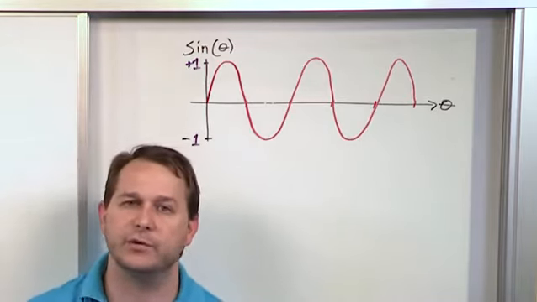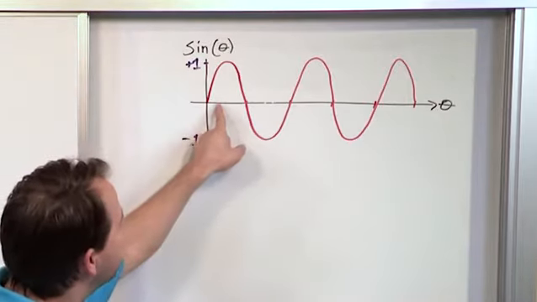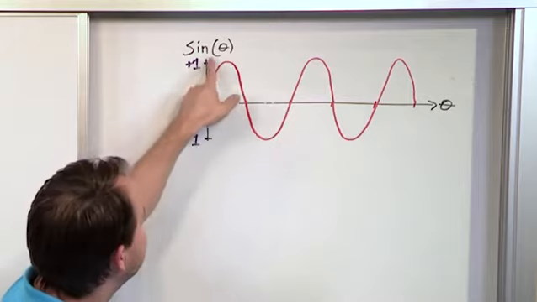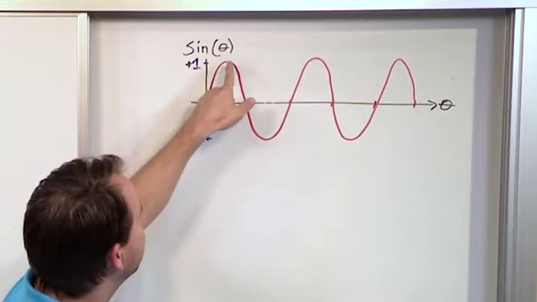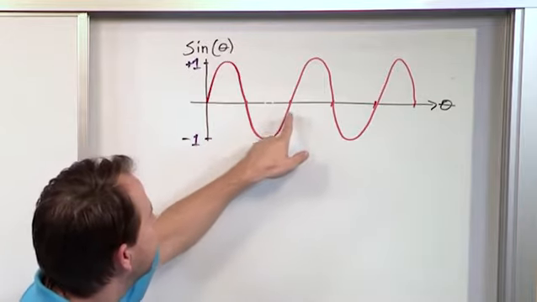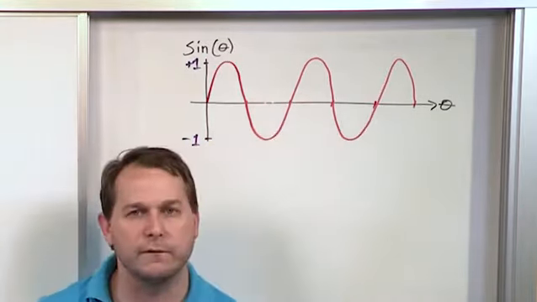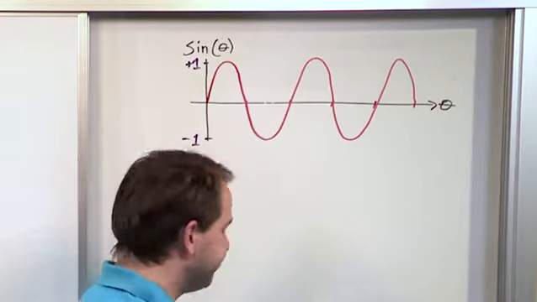So it's important that you have some familiarity with degrees and radians. I already talked about that a little bit. Basically, you're plotting the angle in here and you're getting the sine function as a result of that angle. So it goes up, it goes through 0, it goes negative, goes through 0, and you can see it's cyclic. It just keeps doing the same thing over and over again forever, basically.